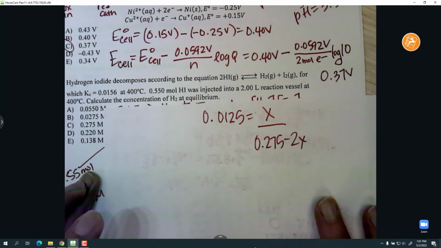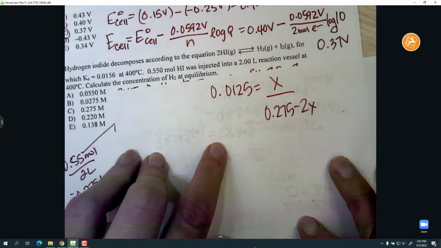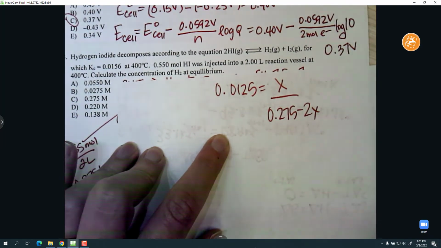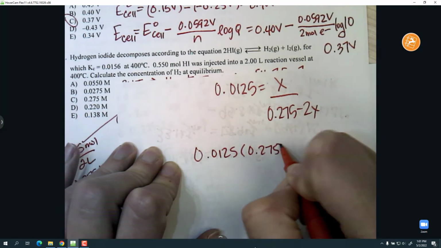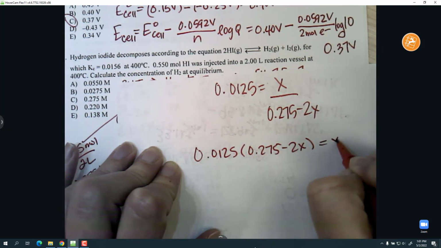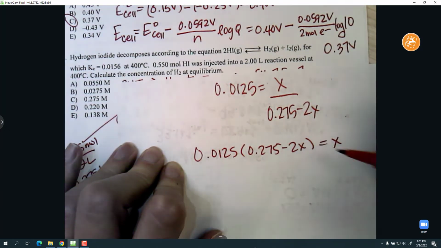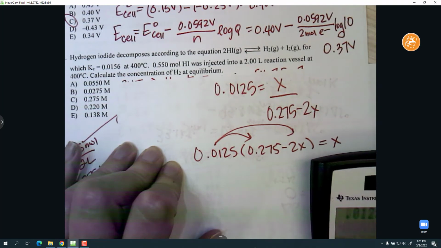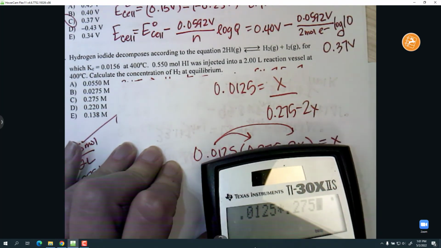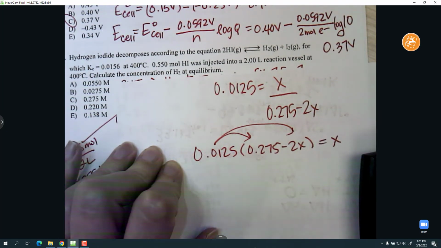All right, so now I'm going to go ahead and cover up all of this because this is all I need to do now, solve for x. Cross multiply. Distribute. You know, 125 times 0.275.